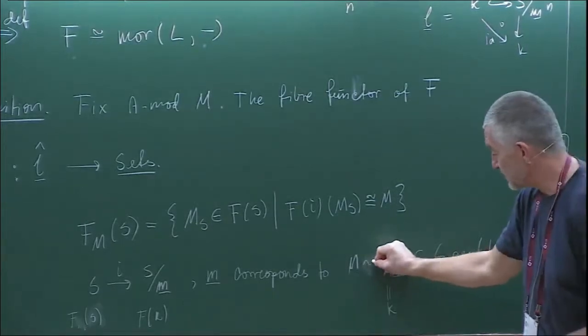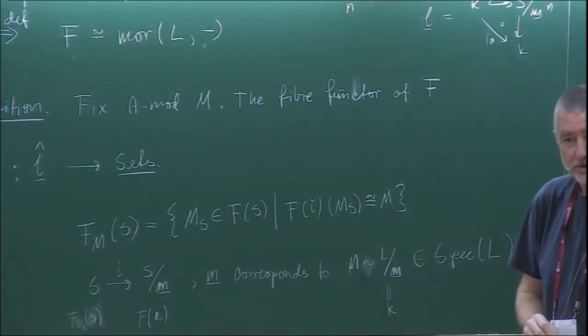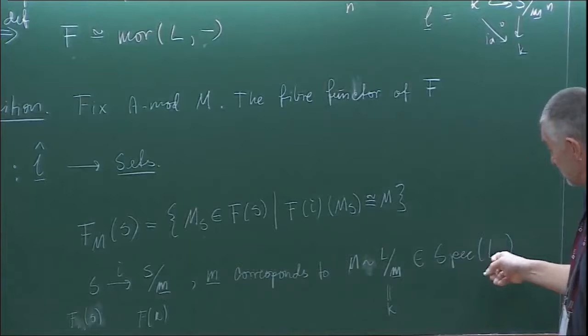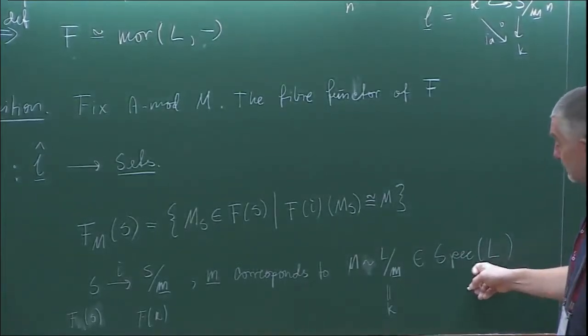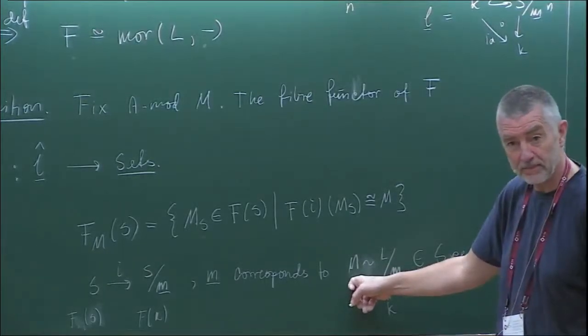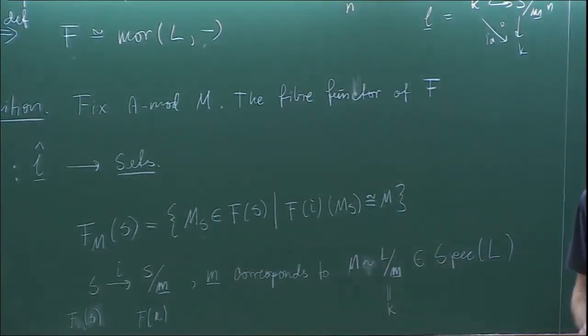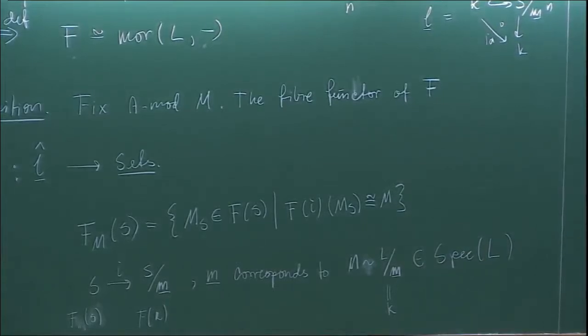It corresponds to this point. You're right. Because L has maximal ideals in correspondence with the A modules M. So that's why. Very good. Okay, just ask. It's no problem.